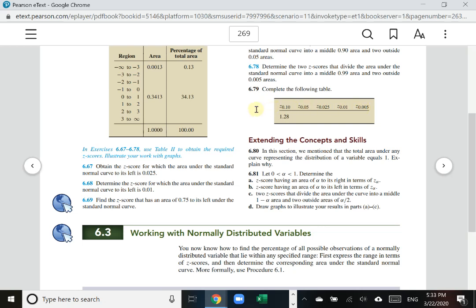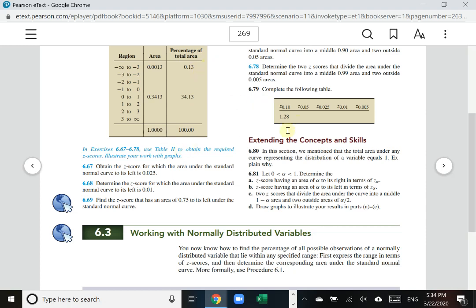Now, I'll do all of these on that OneNote for you, but let me again copy these numbers so I can duplicate them in my OneNote. Okay, so we're going to answer these questions. Now, I'm going to use StatCrunch to find these numbers, because it's going to be a lot easier.